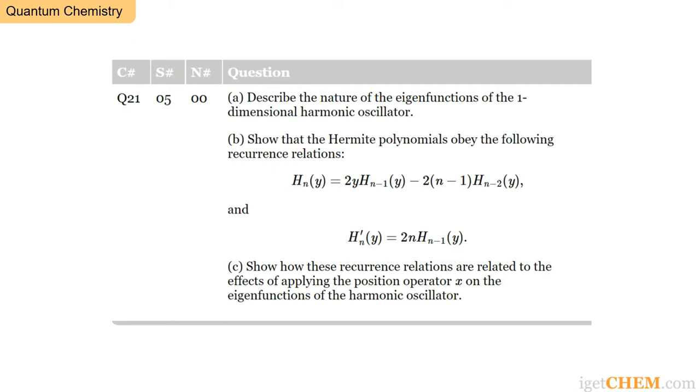The Hermite polynomials are part of the eigenfunctions of the harmonic oscillator, and they have some very interesting recurrence relations. And part C, show how these recurrence relations are related to the effects of applying the position operator x on the eigenfunctions of the harmonic oscillator. Okay, so let's get to the solution.